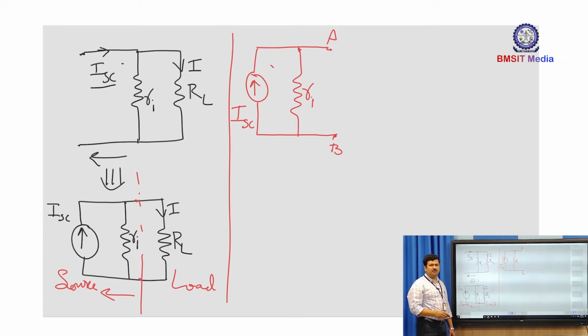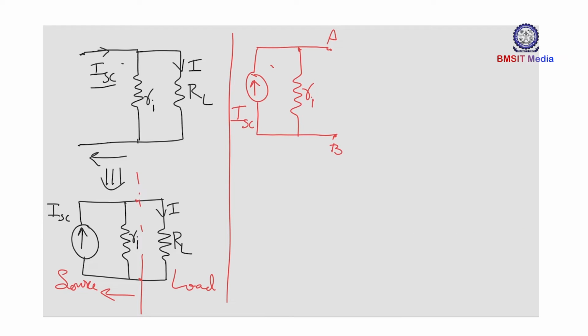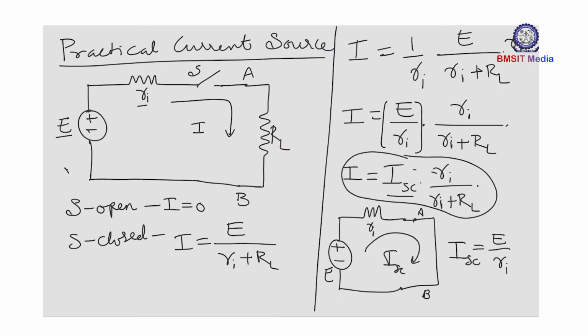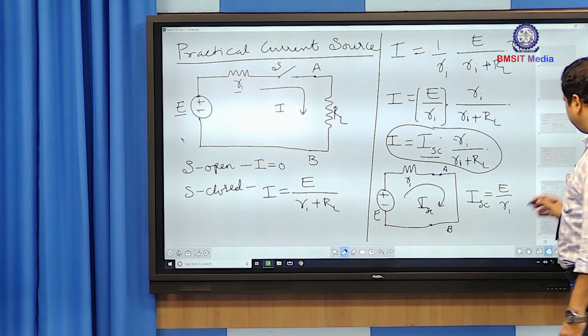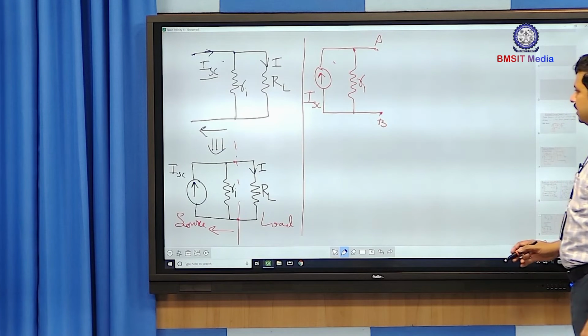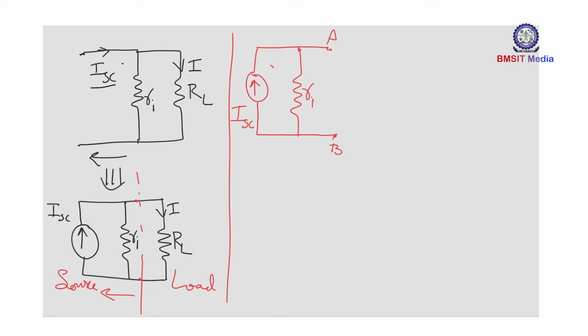So, from where did I get this? I got it from the practical voltage source. A practical voltage source can be represented as a practical current source, and this is called source transformation.